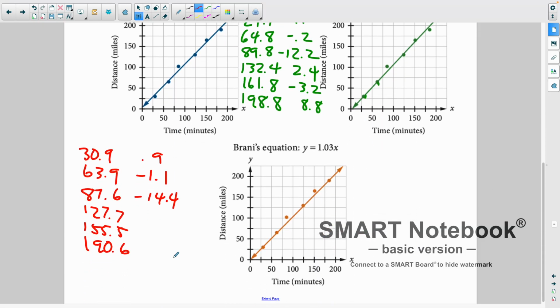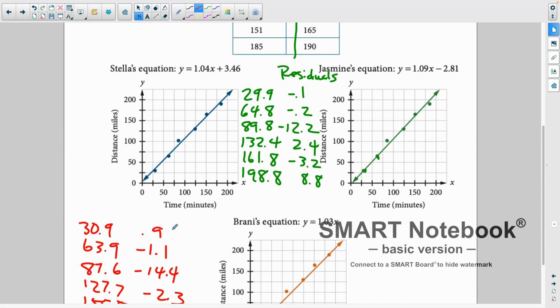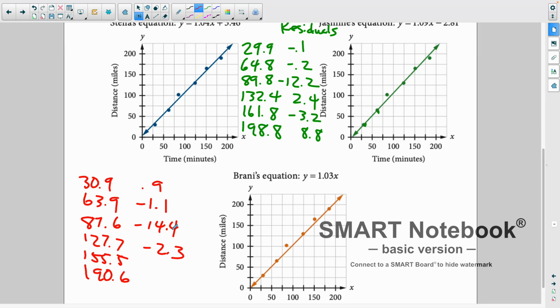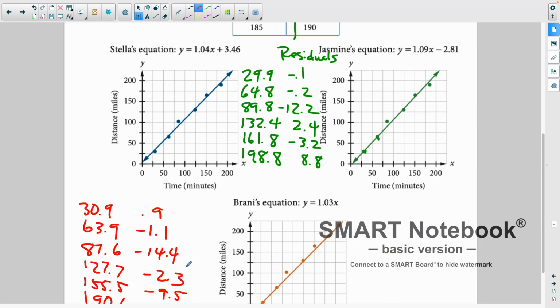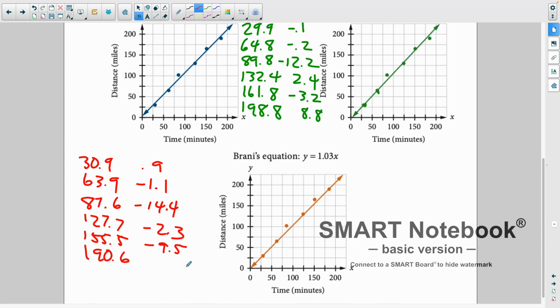Negative 2.3, yeah, okay. 165, negative 9.5, good. And then point what? Okay, because it's almost on, right? It's a 0.6 or 0.55, yeah, okay. Very nice. All right, so there's that.